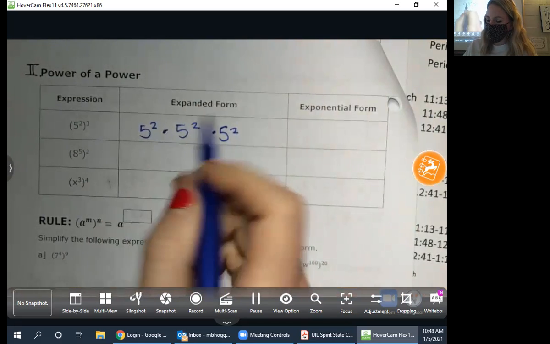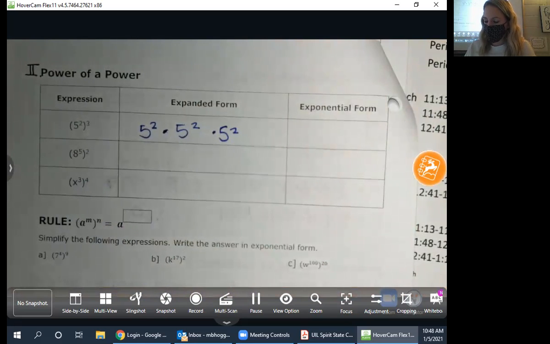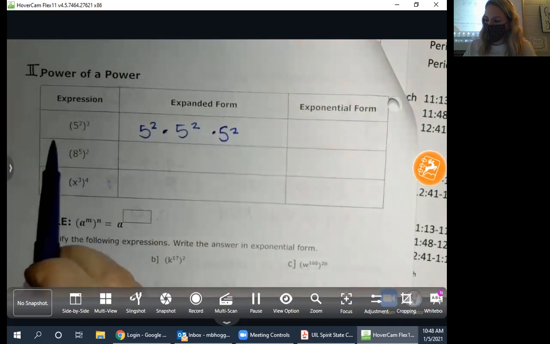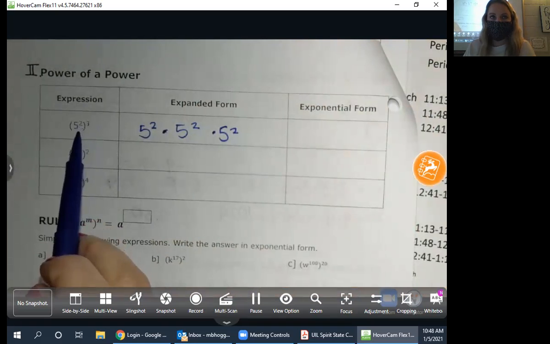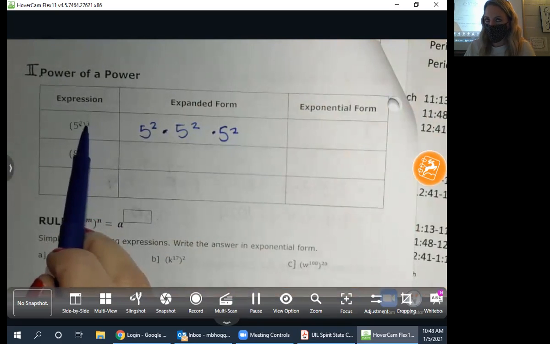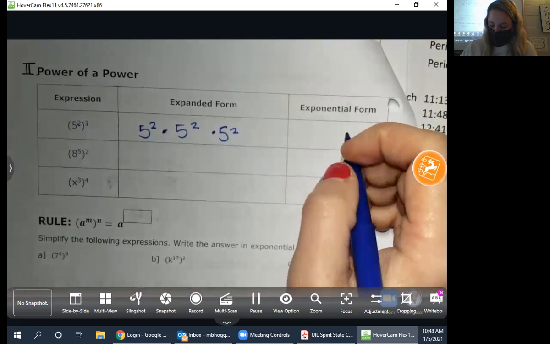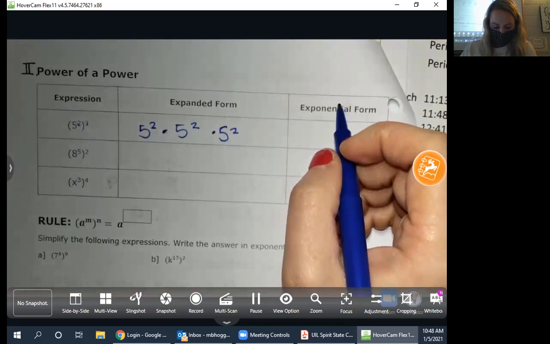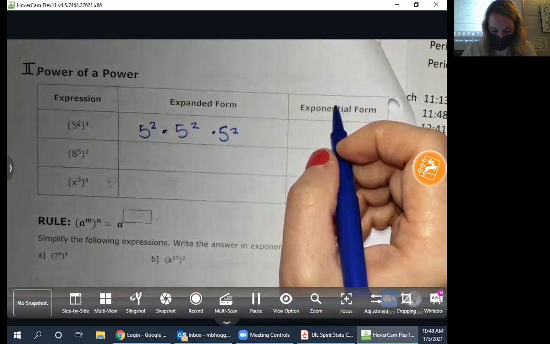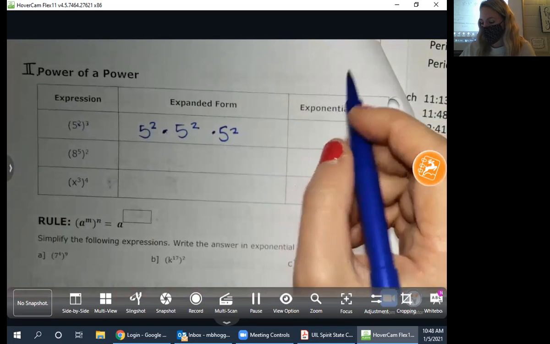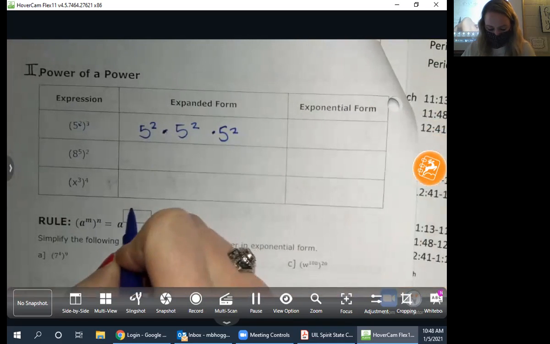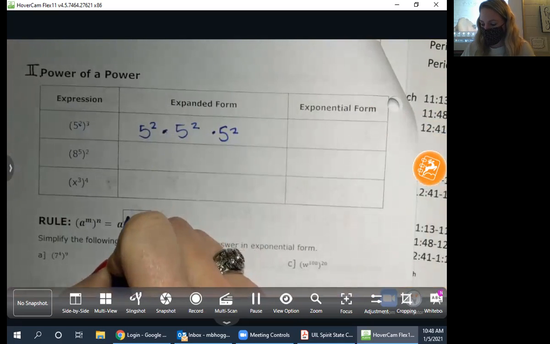This is where it can get confusing, so make sure you're paying attention. Because look at this example. We have an exponent raised to another exponent. We call this a power to a power. All right? Power of a power. So what you're really doing there is the rule says when you have a power raised to another power, you multiply your exponents.